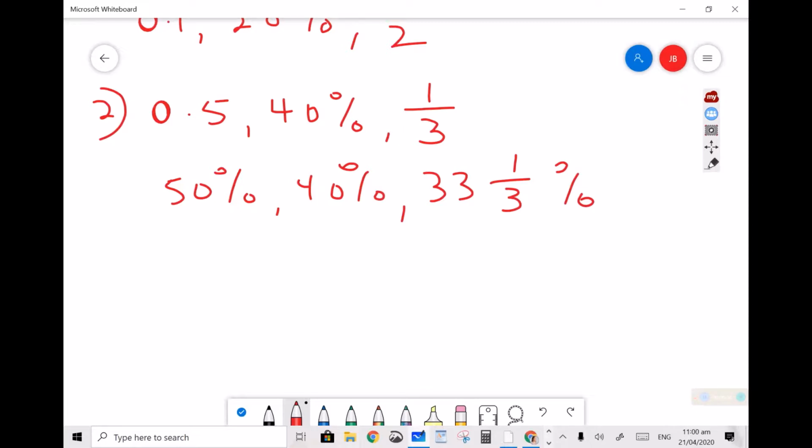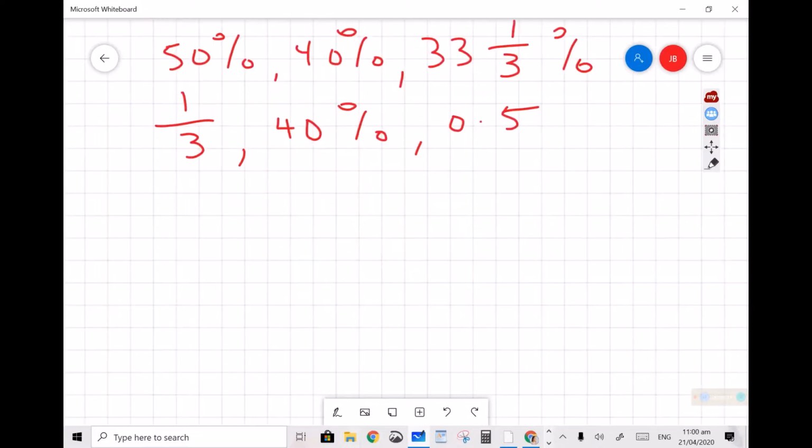Okay, so in doing this, again, I would remind students that memorizing your conversions is important. So now we put it in order. So the first number would be 1/3, right? And then we would have our 40%, and then we would have 0.5.